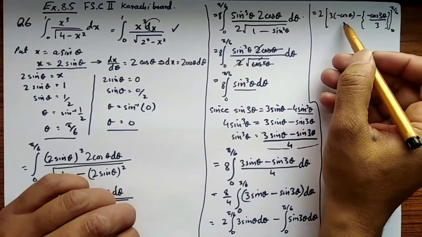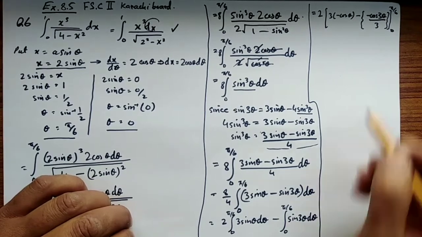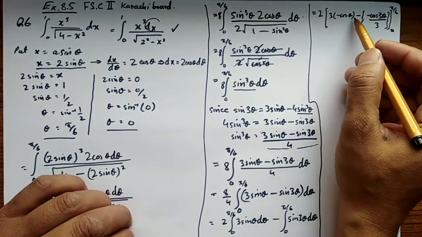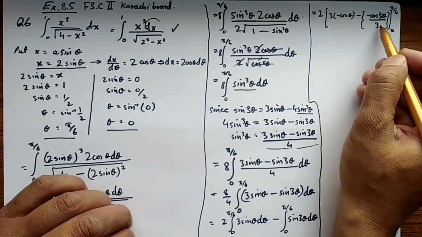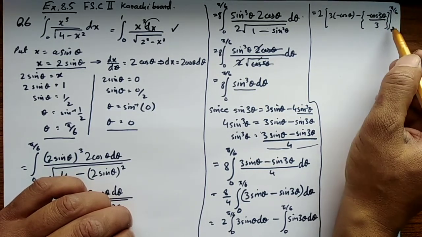So these are the individual integrals of 3 sine theta and sine 3 theta. That will be 3 into minus cos theta minus, into minus cos 3 theta whole divided by 3. The limits are written here now.